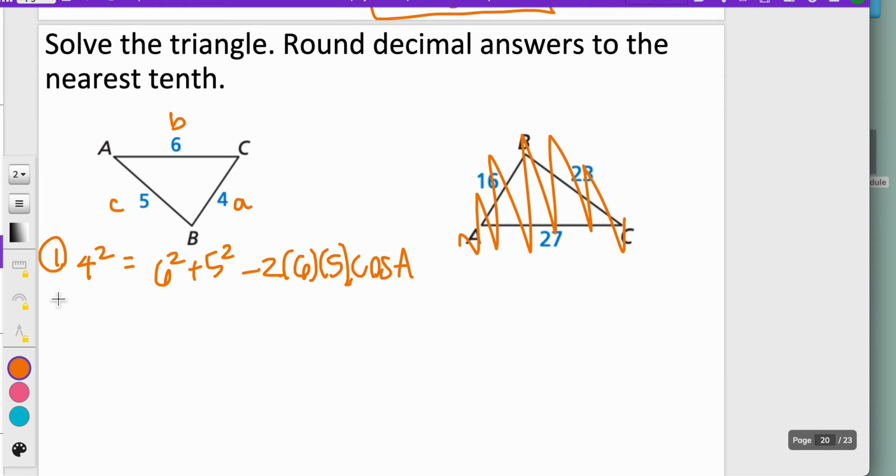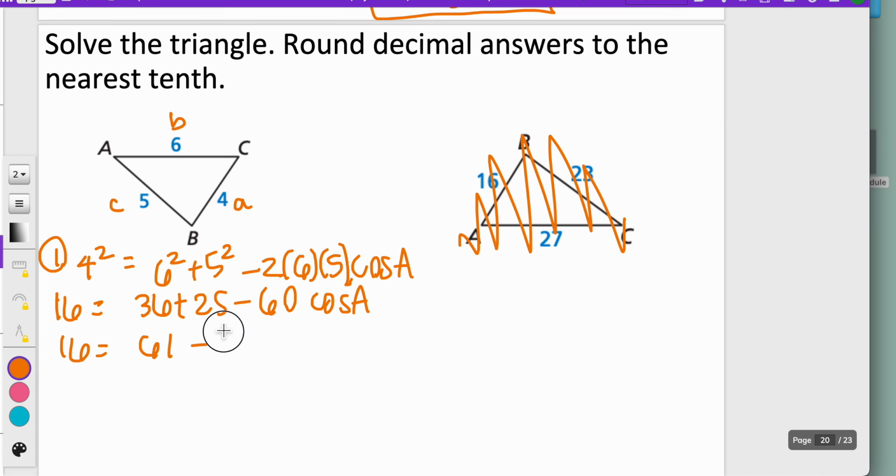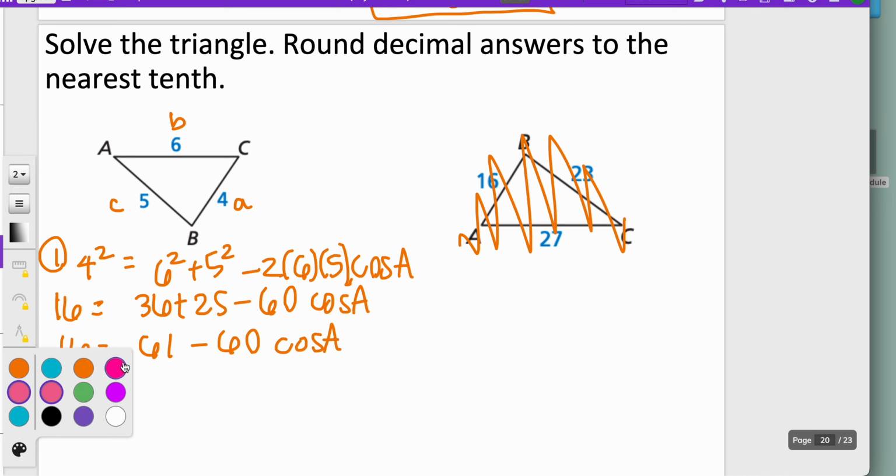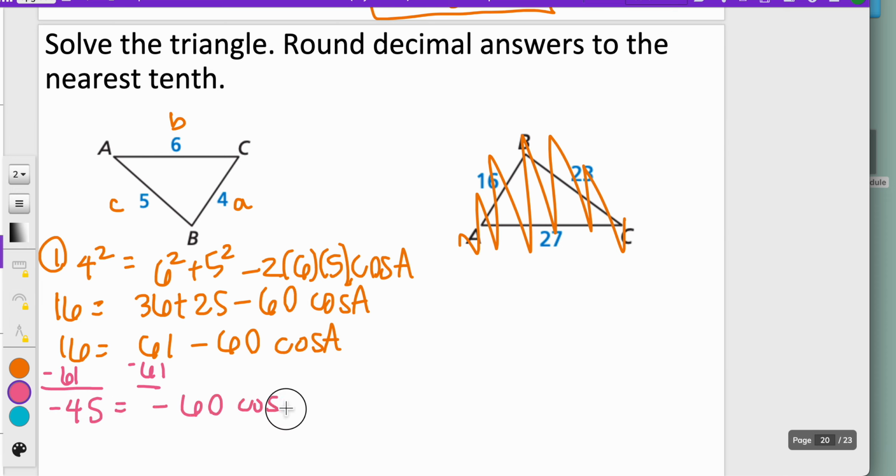So that'll be 16 equals 36 plus 25 minus 60 cosine of A, which would give me 16 is equal to 61 minus 60 times the cosine of A. In order to get cosine by itself, I'm going to subtract this 61. So this is negative 45 is equal to negative 60 cosine of A. And then I'm going to divide both sides by negative 60.